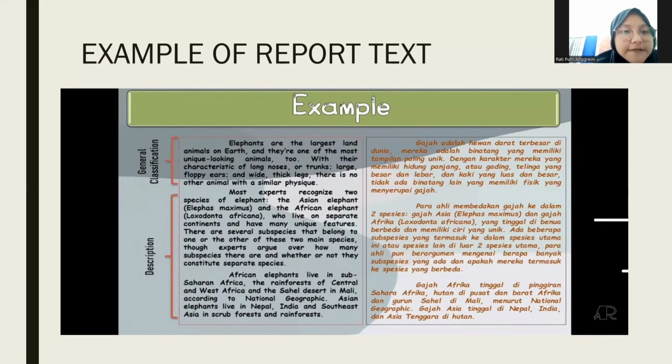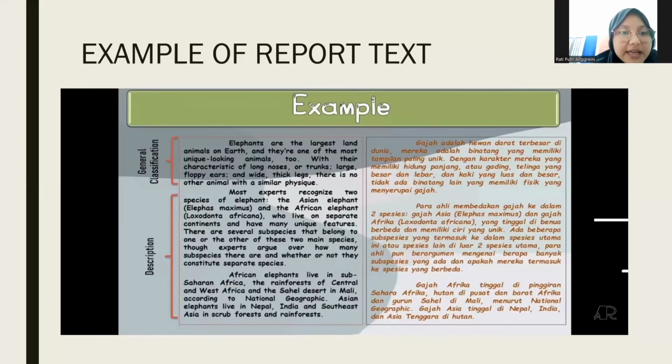The next paragraph is: Most experts recognize two species of elephants, the Asian elephants or Elephas maximus and the African elephants or Loxodonta africana, who live on separate continents and have many unique features. There are several subspecies that belong to one or the other of these two main species. Experts argue over how many subspecies there are and whether or not they constitute separate species.